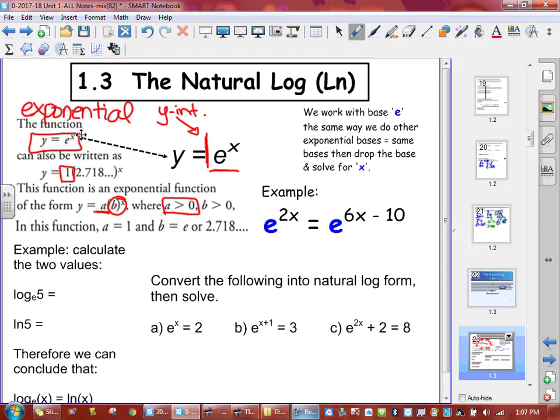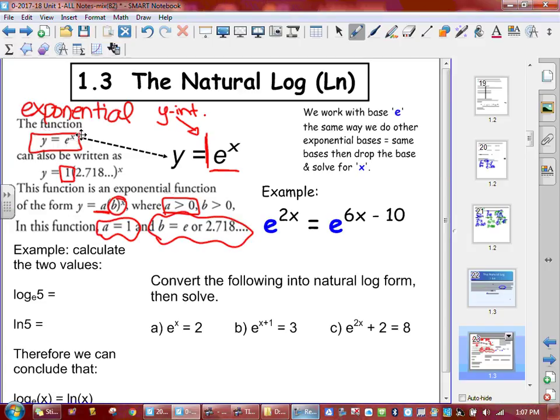And B has to be larger than 0. If our base number is letter E, and E is 2.7 and so on, we already know that is bigger than 0, so these parameters are in place. They are true. It tells us A is 1, and it tells us what B is.